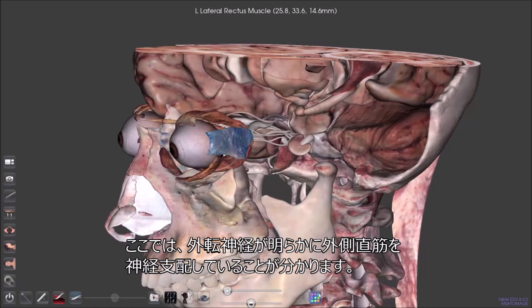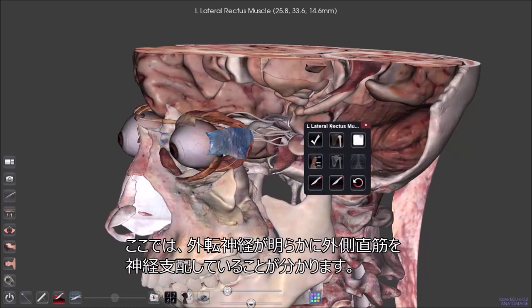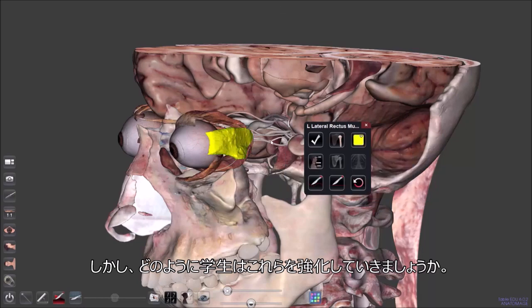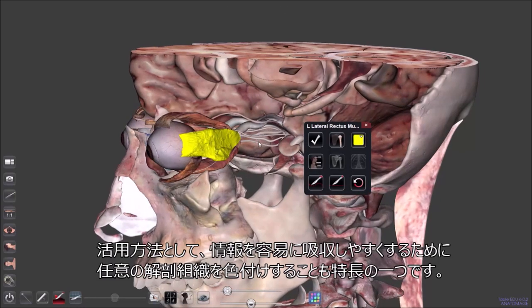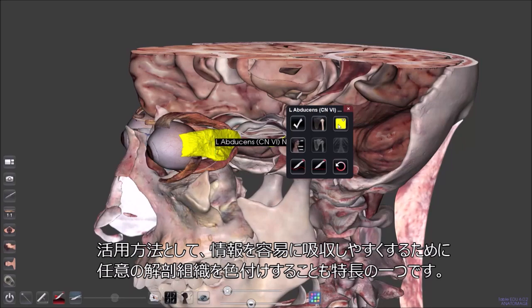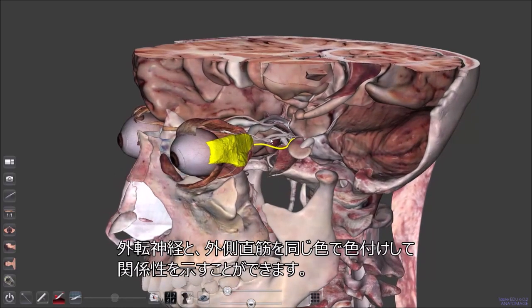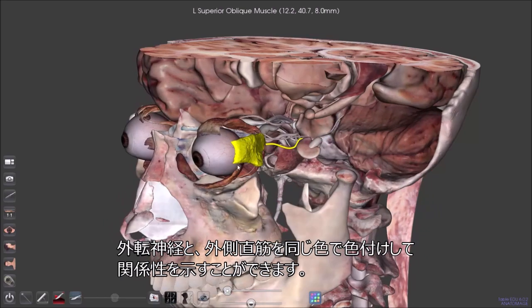One of the ways that we can utilize the table is to easily make information more digestible. So what I can do is I can start to flat color different pieces and different structures here. So I can flat color the abducens and the lateral rectus with the same color to show that they have a relationship. The same can be done for the trochlear nerve that connects to the superior oblique muscle.